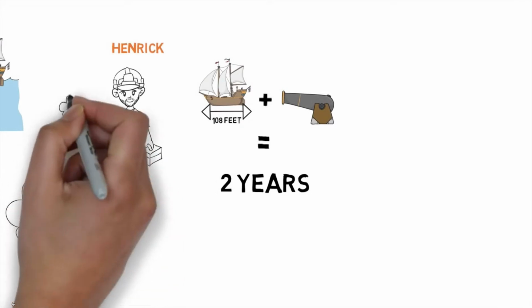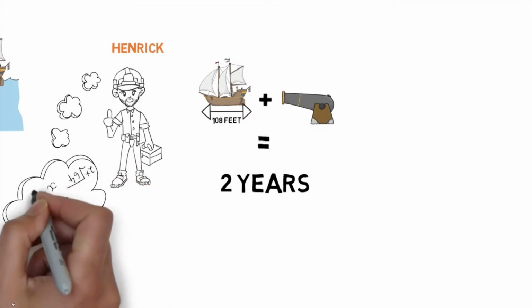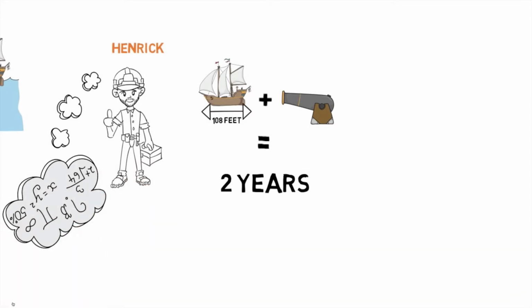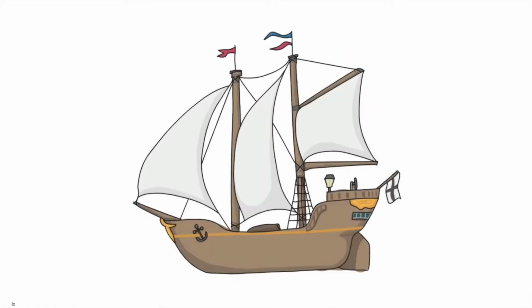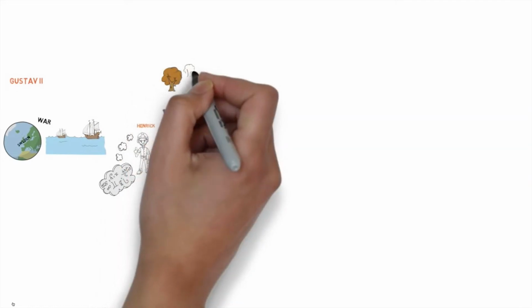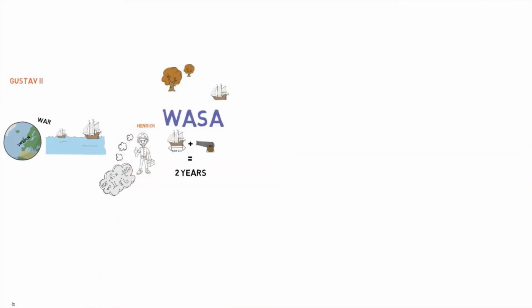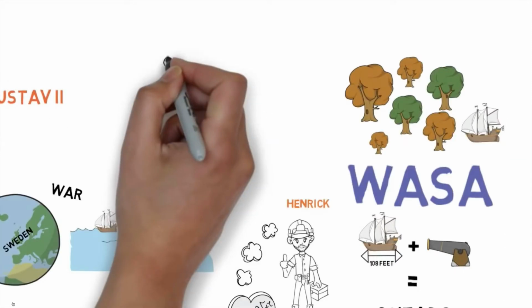However, something seemed wrong. Despite the urgency of the project, the King kept requesting design changes. Eventually, after several twists and turns, the King approved the final design of the ship, which was to be called the Vasa, and he donated the raw material to begin construction, a forest of 1,000 oaks. A few months later, tragedy struck.